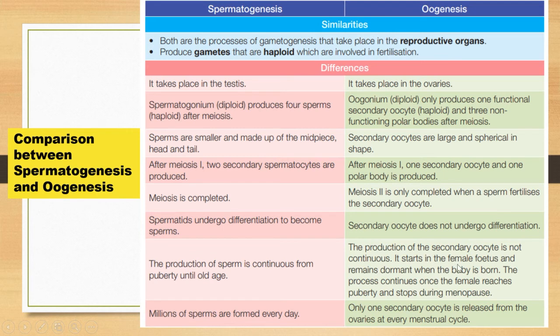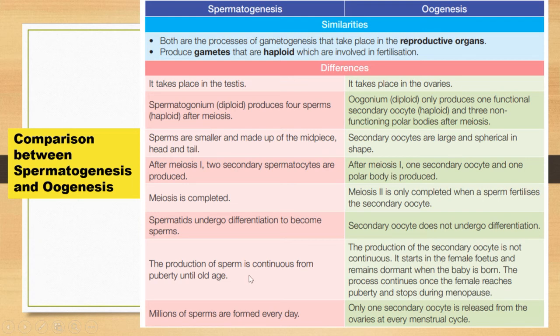It starts in the female fetus and remains dormant when the baby is born. Then the process continues once the female reaches puberty and stops during menopause.